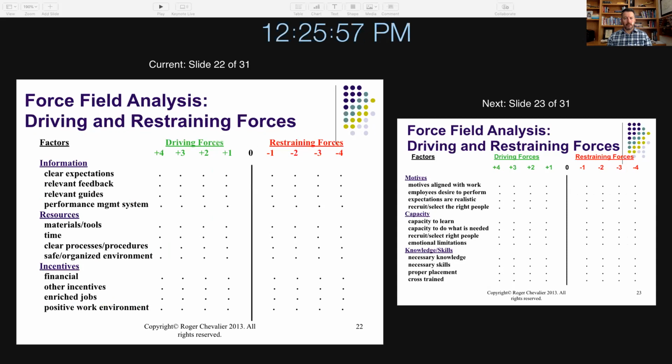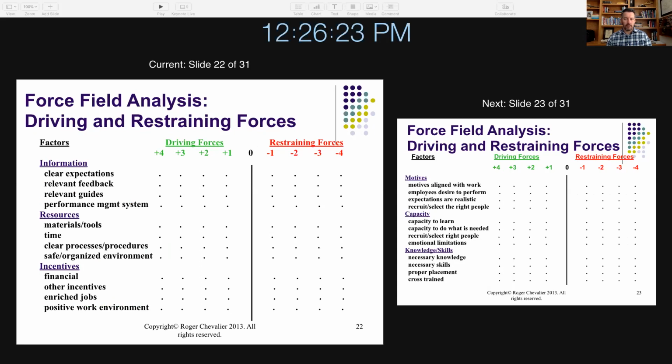Here's what it'll look like. So you can see you have your 6 boxes: information, resources, incentive. The next slide would be the next 3. And then you have these standard areas within each of those boxes: expectations, feedback, relevant guides, and performance management system.